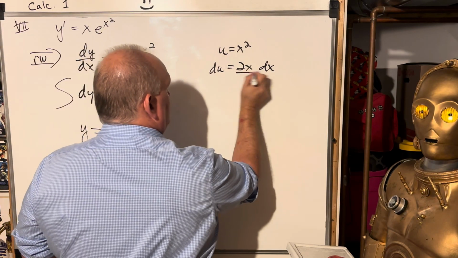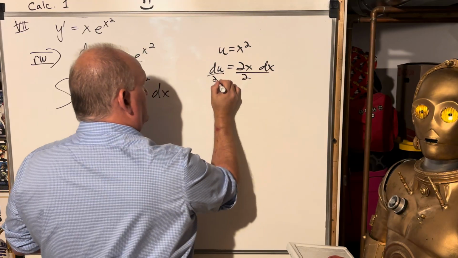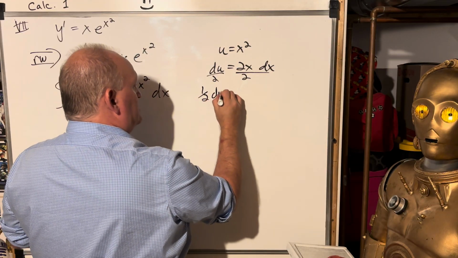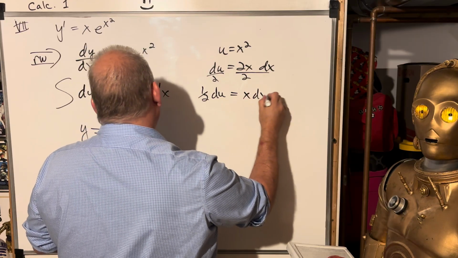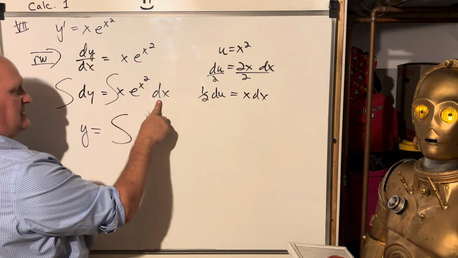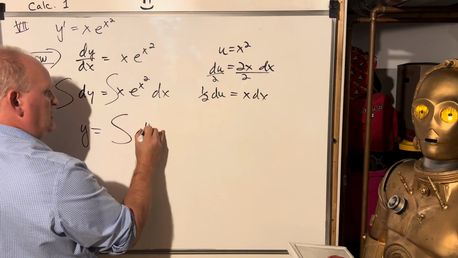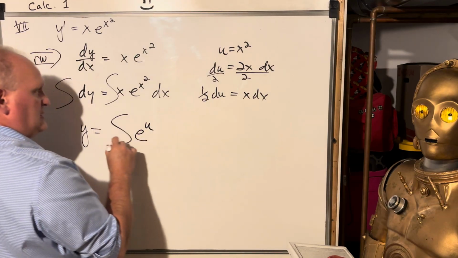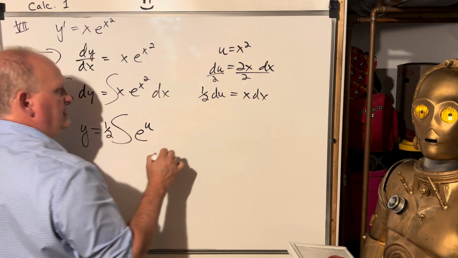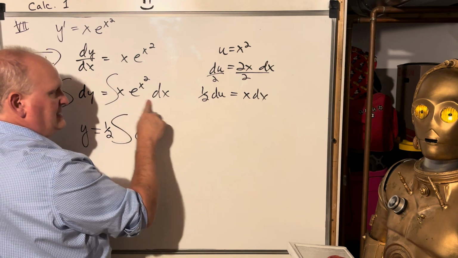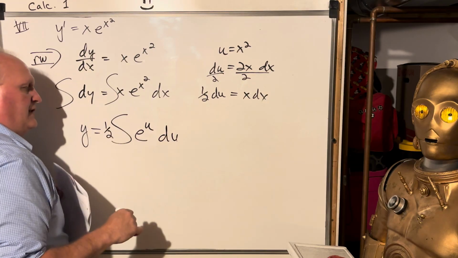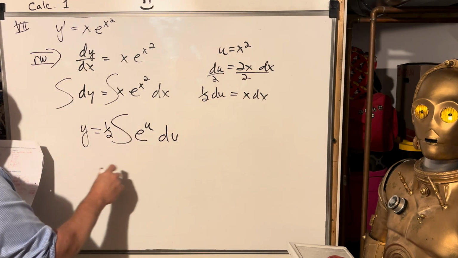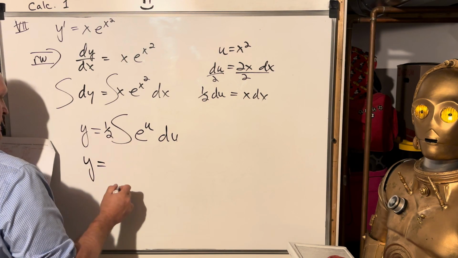So we have to divide out that 2. So 1/2 du is going to be the substitute for x dx. So we put in e to the u, and then we squeeze that 1/2 out front, and then the x dx is just du, because we already put the 1/2 over there.